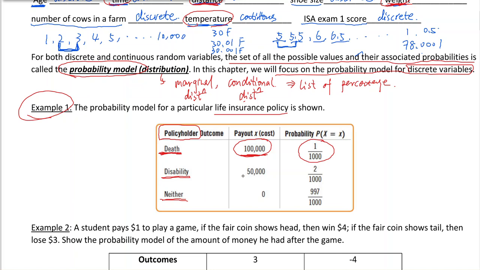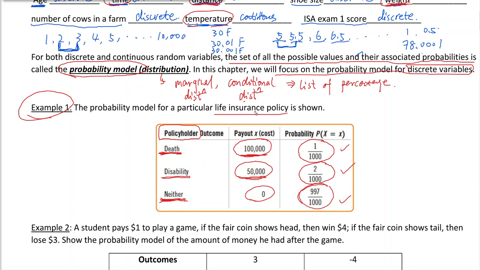The insurance company will pay $50,000 for disability, with a probability of 2/1000. If the policyholder has neither death nor disability, the insurance company doesn't need to pay anything, $0, and we have this probability for that outcome.